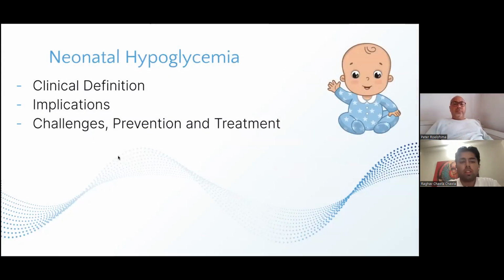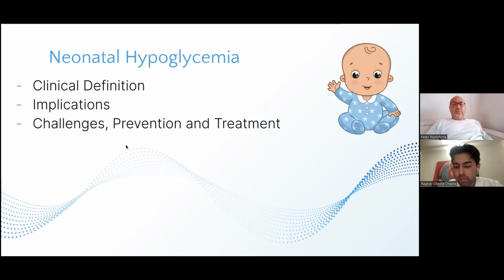So what is neonatal hypoglycemia? Neonatal hypoglycemia is the condition where we have an abnormally low level of blood glucose. And this occurs mainly in neonates, which are newborns. And there are certain risk factors associated that increase the chances of getting hypoglycemia.